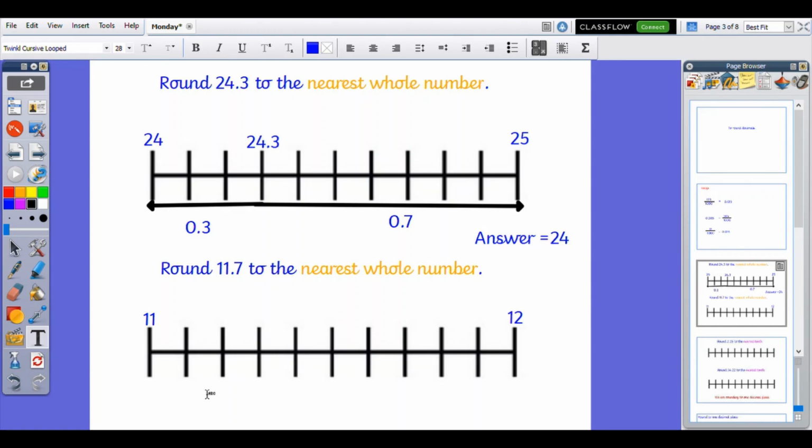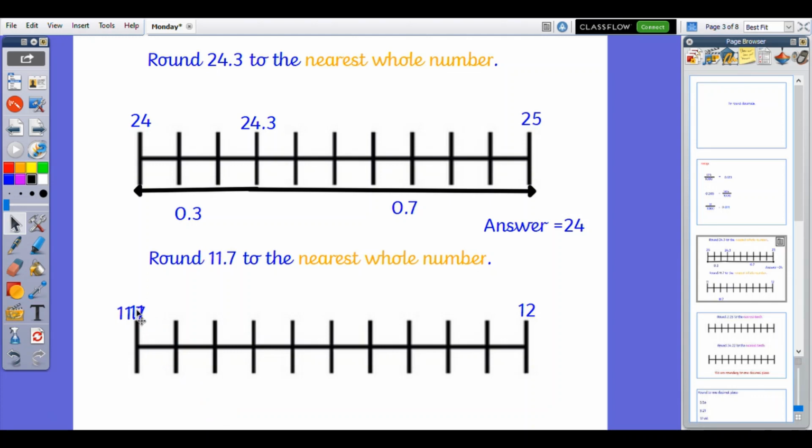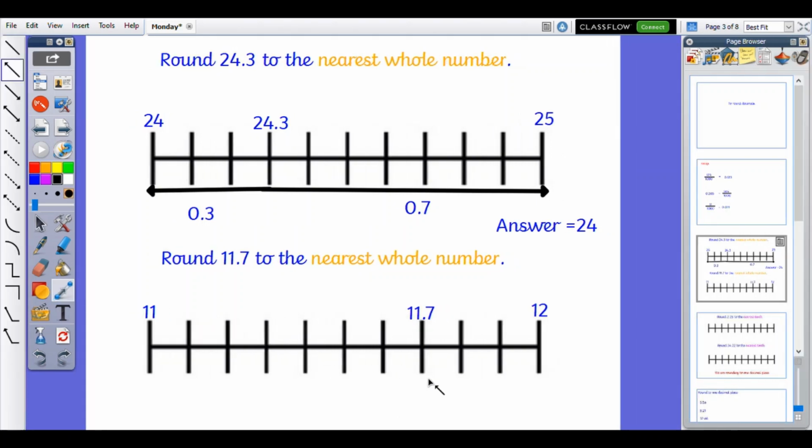Okay, so I've got 11.7 and I want to put it on my number line. So 11, 11.1, 11.2, 11.3, 11.4, 11.5, 11.6, 11.7. Okay, then again I'm going to use my arrows to help me.